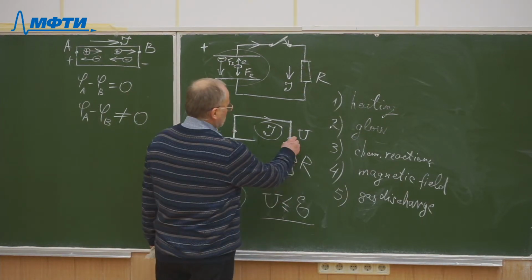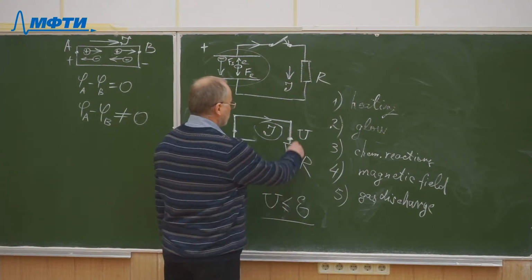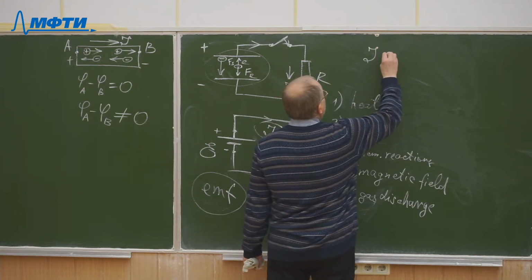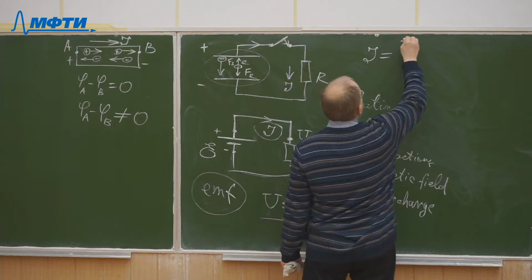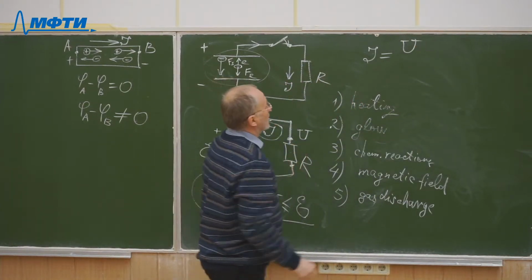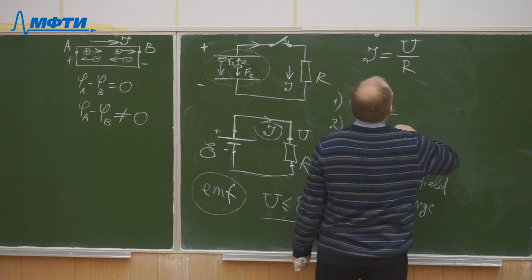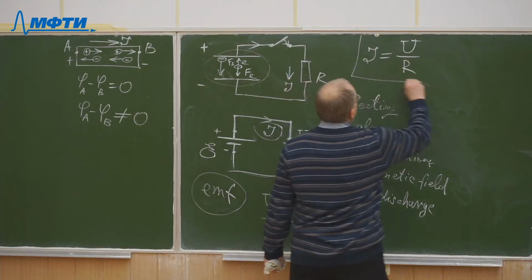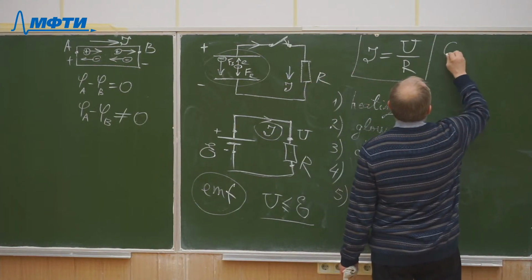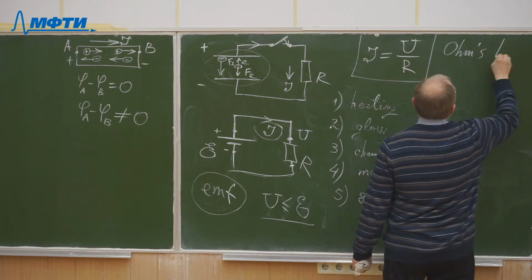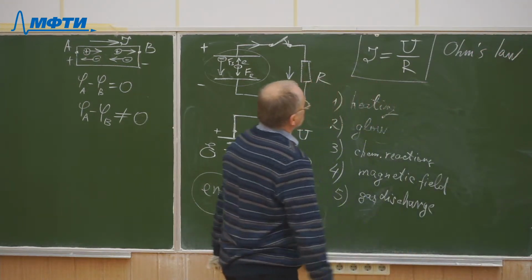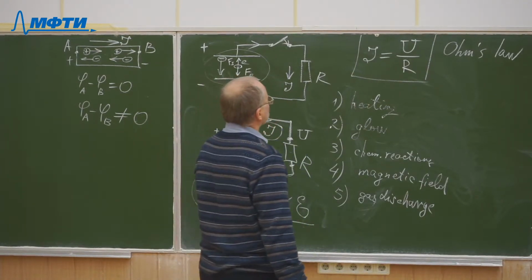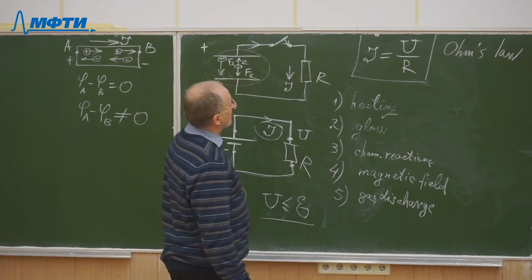But anyway, if there is some potential difference on the resistor, then the current strength will be directly proportional to the potential difference on this element and inversely proportional to the resistance. And this is Ohm's law, which was established experimentally in many experiments, and it works well for constant resistors.